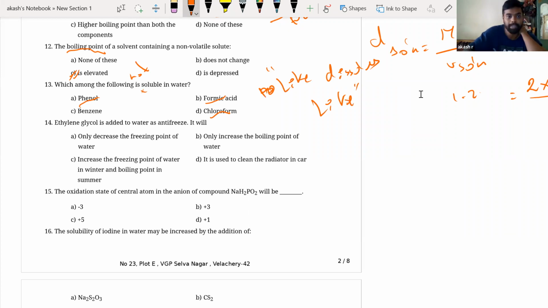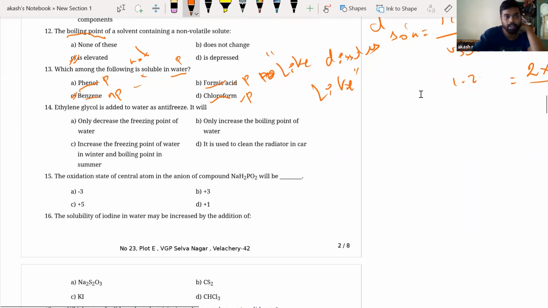Your phenol is polar, formic acid is polar, chloroform is polar, water is also polar. So this is a polar solvent and all these are polar solutes, they will dissolve. But benzene is non-polar, so it is not going to dissolve. The question is wrong. It should have been which among the following is not soluble in water. Benzene is not soluble.